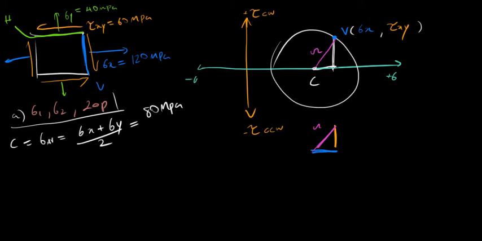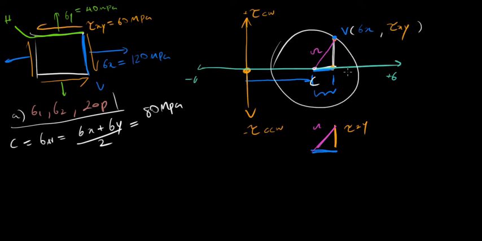From here to here is just tau xy. The x component, however, you have to go from here to here, and this is the value that we need. This is the x component that we're looking for.